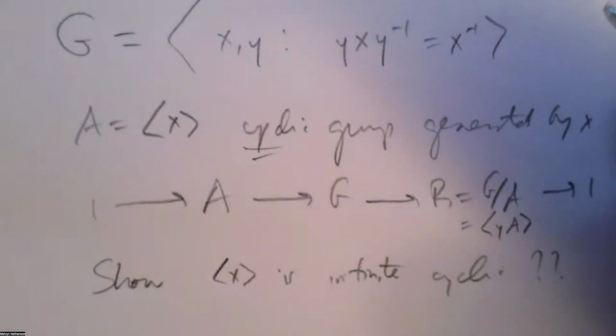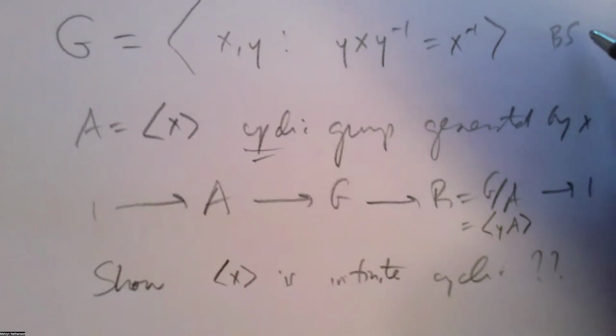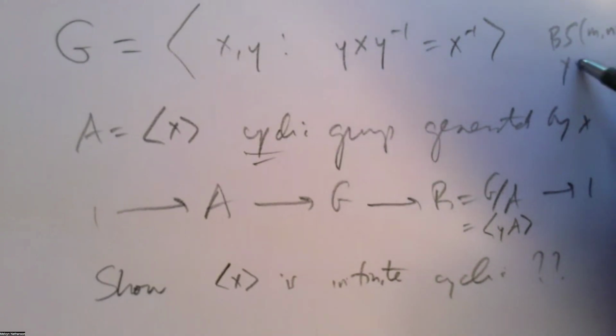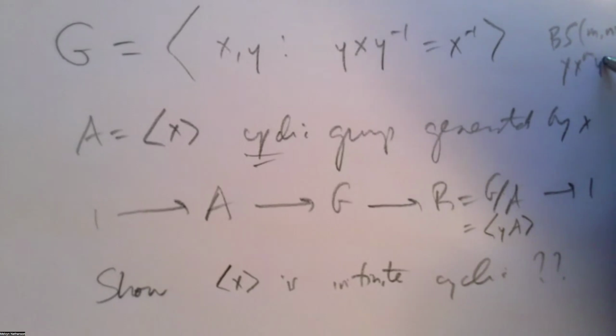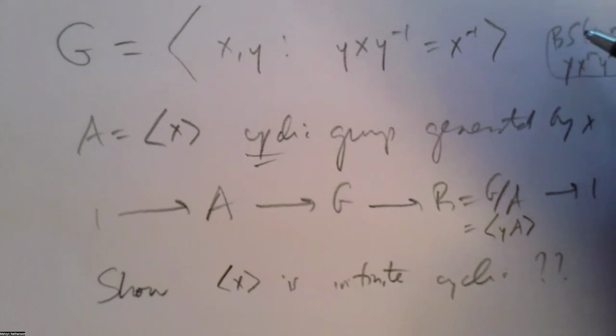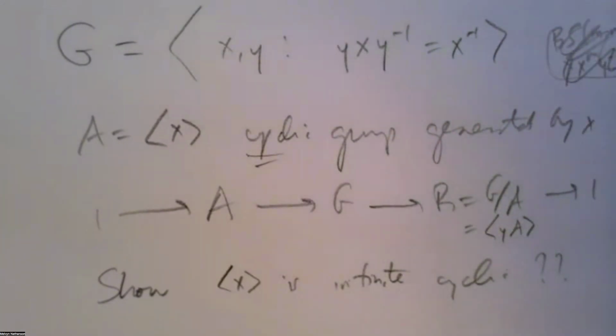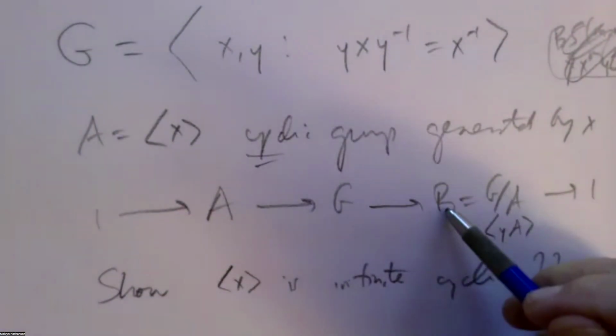I think maybe (m, n) is a notation where the relation is something like y x to the m, y inverse equals x to the minus n, maybe something like that. But that doesn't tell me anything. It's just another name for the group. I could just as well call it George or Sam. But I suspect this group is also linear, and then things can be checked.